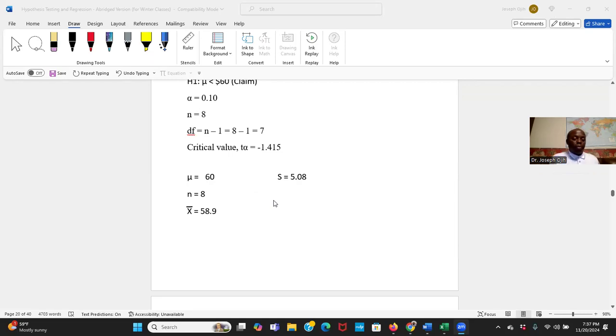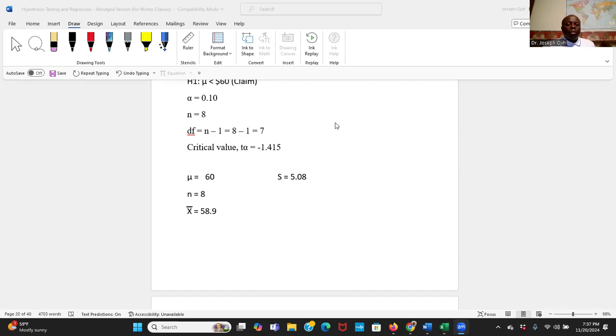Write them down. Population mean is 60 and n is 8. So we're going to run this. I go to the other workbook where I have the formula.